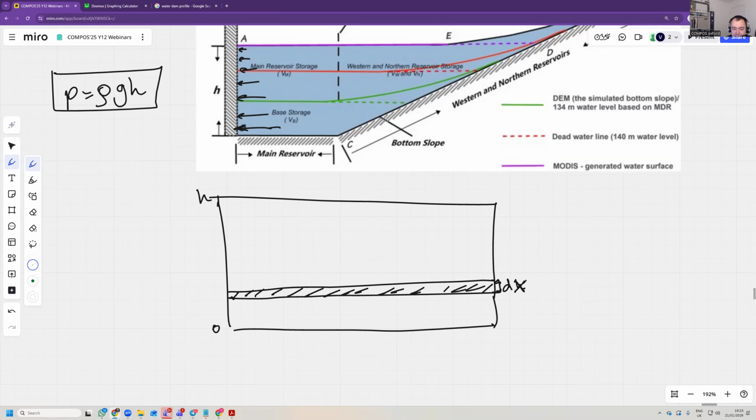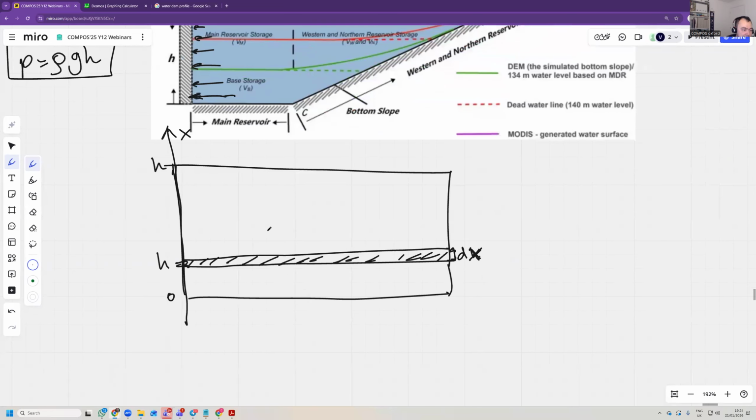And this is the x-axis. We take the small slab. So the pressure at this height is rho gx, because x is the distance from 0.